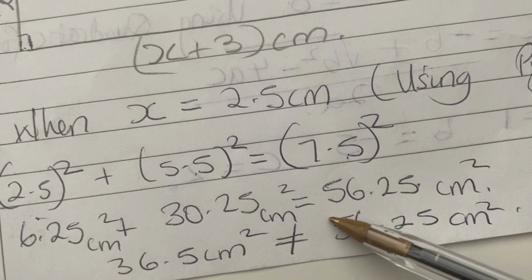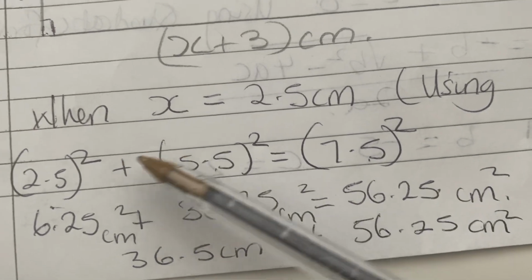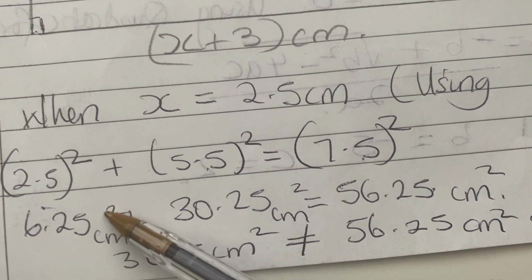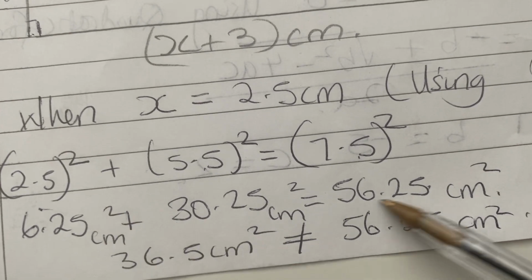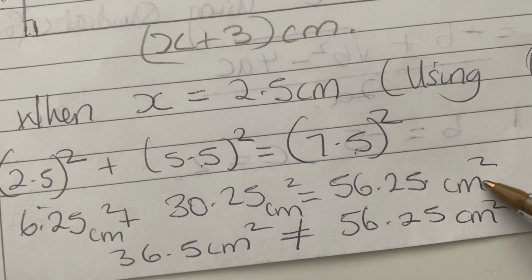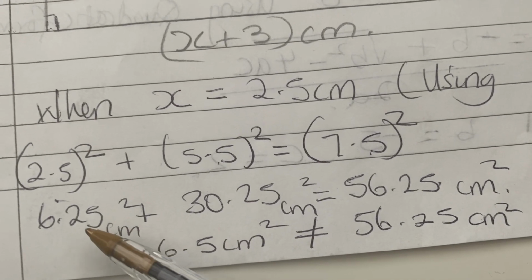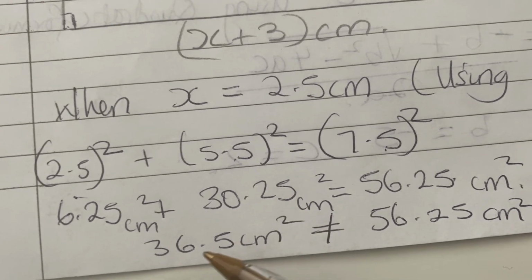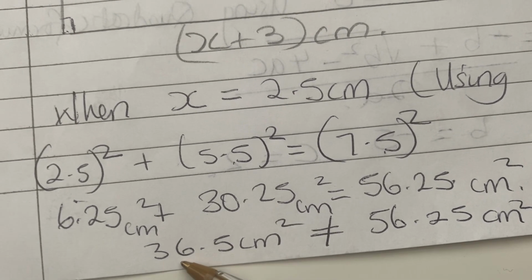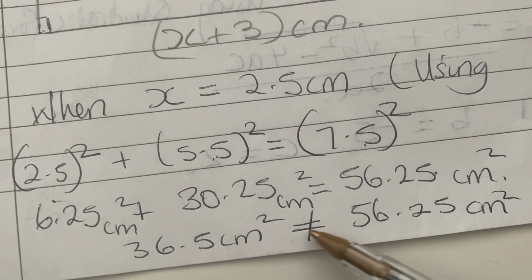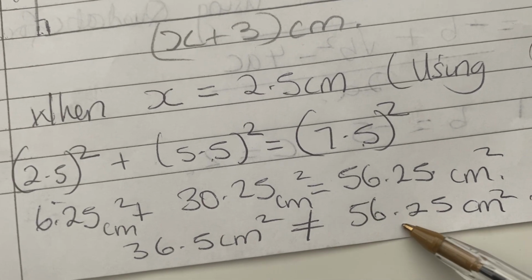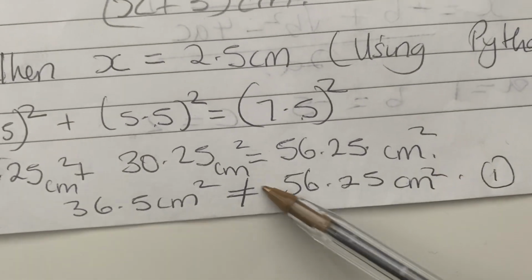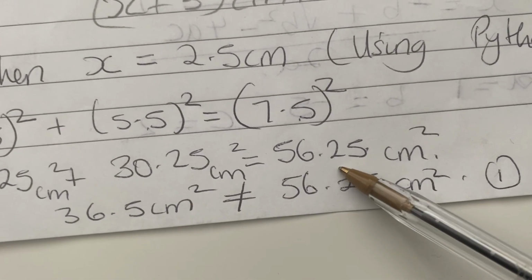You remember x will be in centimeters, but as long as you are squaring them, it becomes centimeters squared. So if you add 6.25 to 30.25, you are getting 36.5, which should equal 56.25 using Pythagoras, and these two values are not equal.